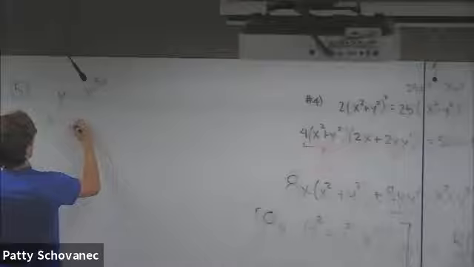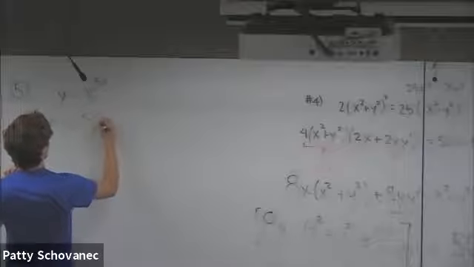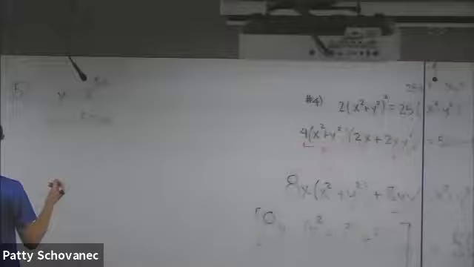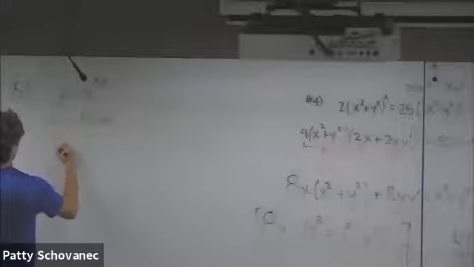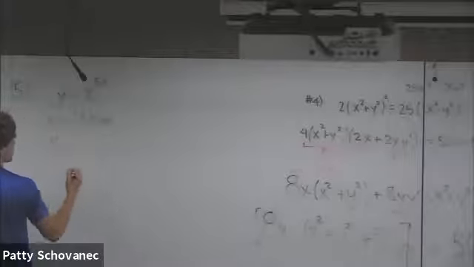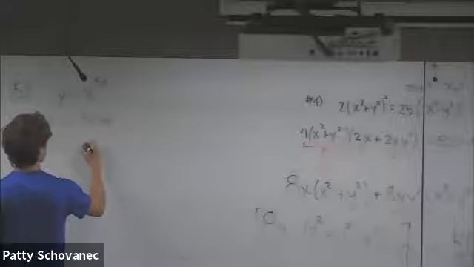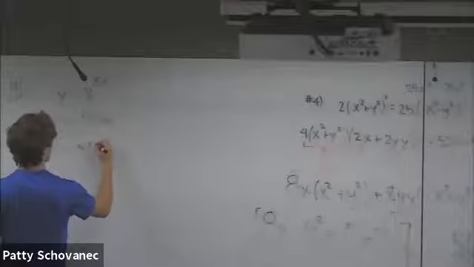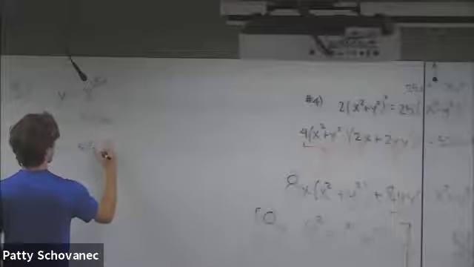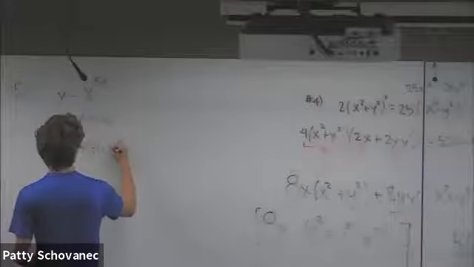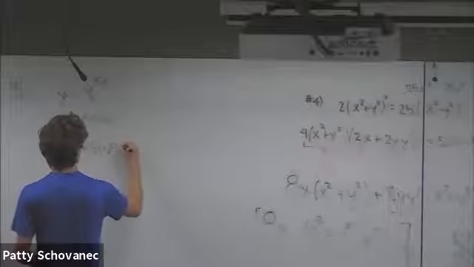So ln y equals 5x ln x. All right, now you can take the derivative. So it would be y prime over y equals 5x times 1 over x plus 5 ln x.